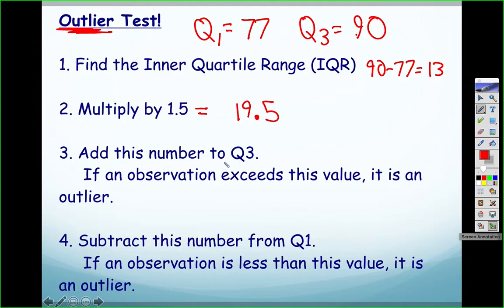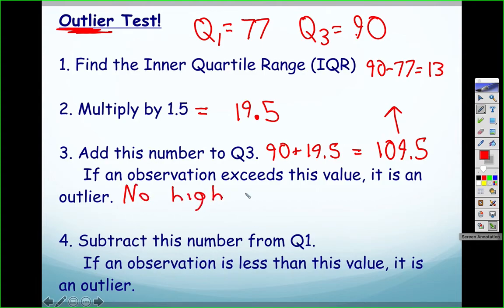Then it says to add this number to Q3. 90 plus 19.5 equals 109.5. Here's how you tell if something is an outlier. Did we have a test score higher than 109.5? If an observation exceeds this value, it's an outlier. So no high outliers.